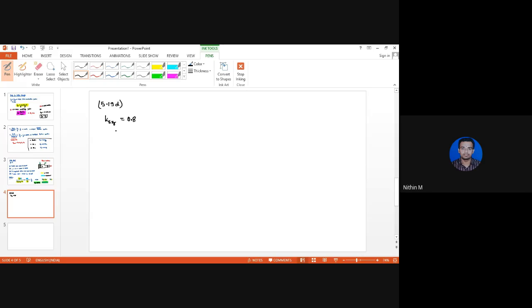Right? Now, what about load factor? How do you obtain load factor? Load factor can be obtained by using equation 5.19L. For axial loading there are two cases.